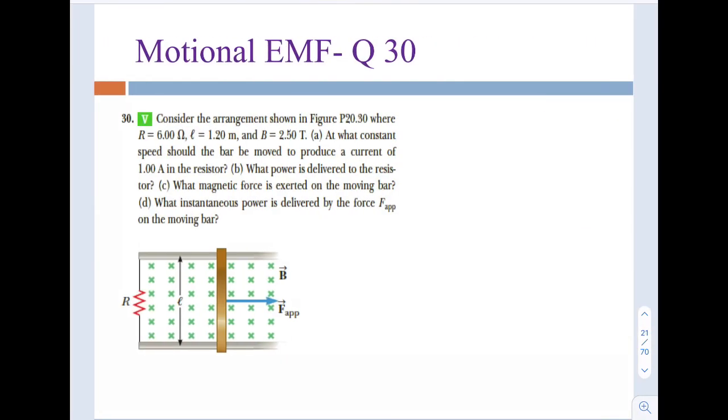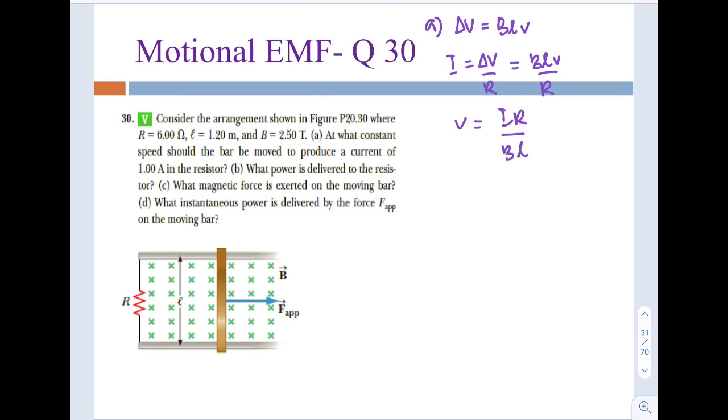Alright then, let's try question number 30 from your textbook. We know that delta V is equivalent to BLV. Based on Ohm's law, I is equivalent to delta V over R, so BLV over R. We need to know the V. V is equivalent to IR, rearranged over BL.